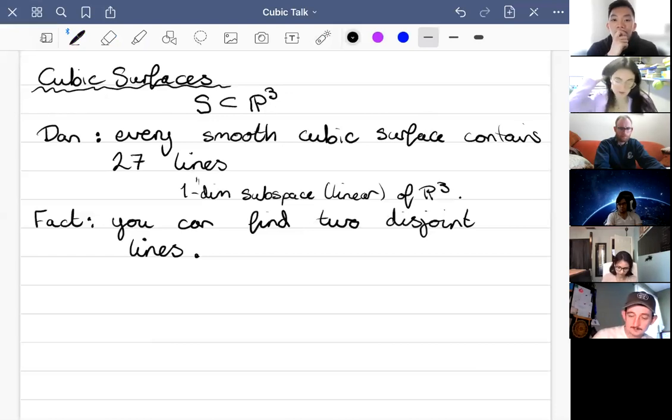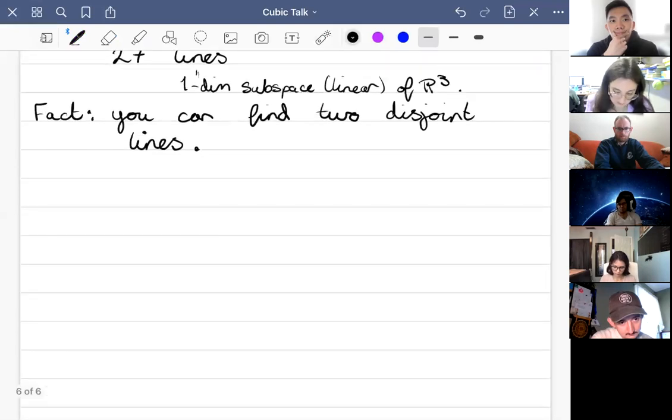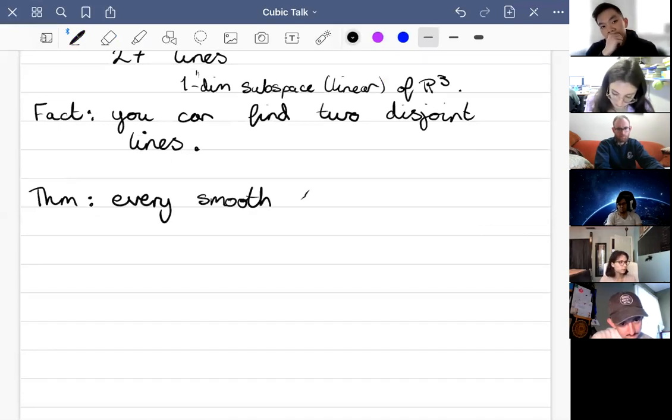Okay, so in dimension 1, we saw that smooth cubic curves are never rational. And in dimension 2, it's kind of strange, we're going to get the opposite. Every smooth cubic surface is rational. So how do we see that? So I guess a theorem is every smooth cubic S inside of P3 is rational.